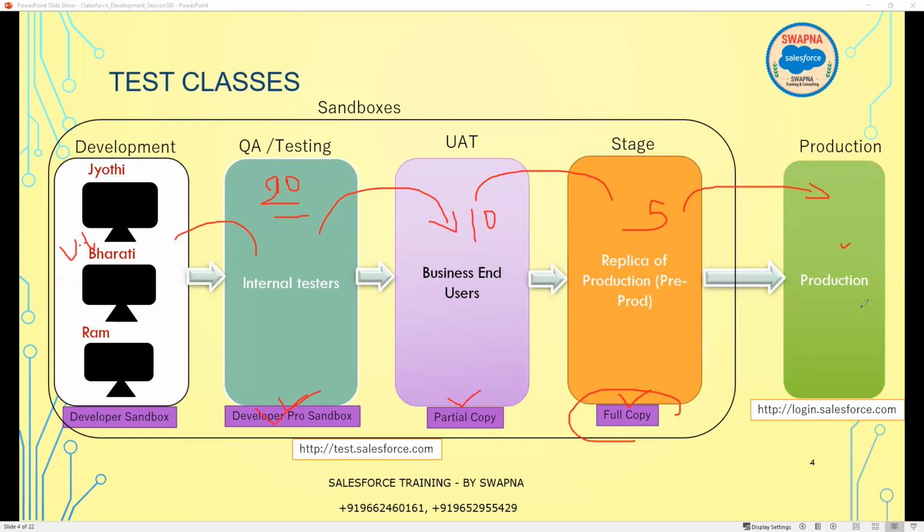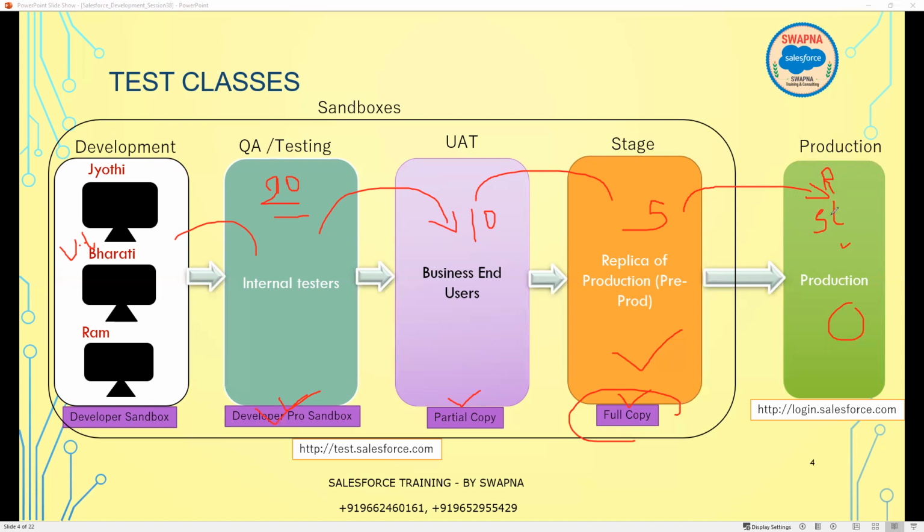Because the full copy and the production copy are both the same. If the full copy is perfect, then you can push the changes to production because these two are the same. Basically, this full copy is nothing but a replica of production. This is how it reduces the number of defects when I reach production.